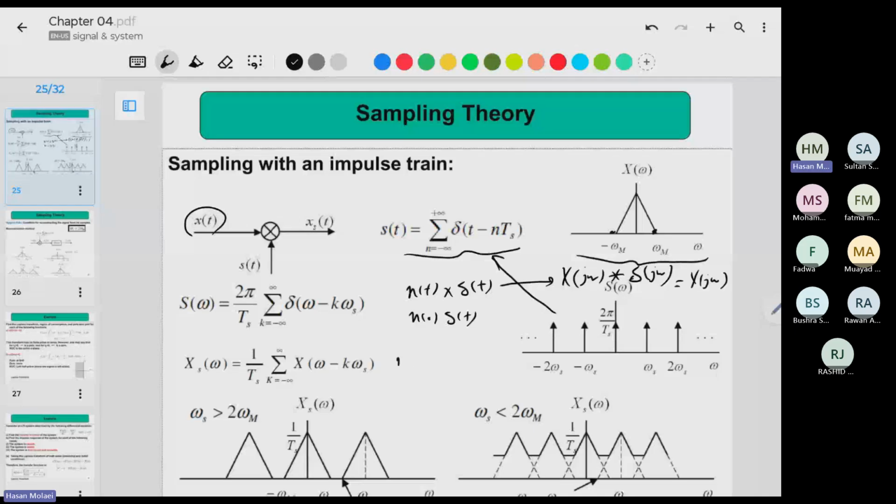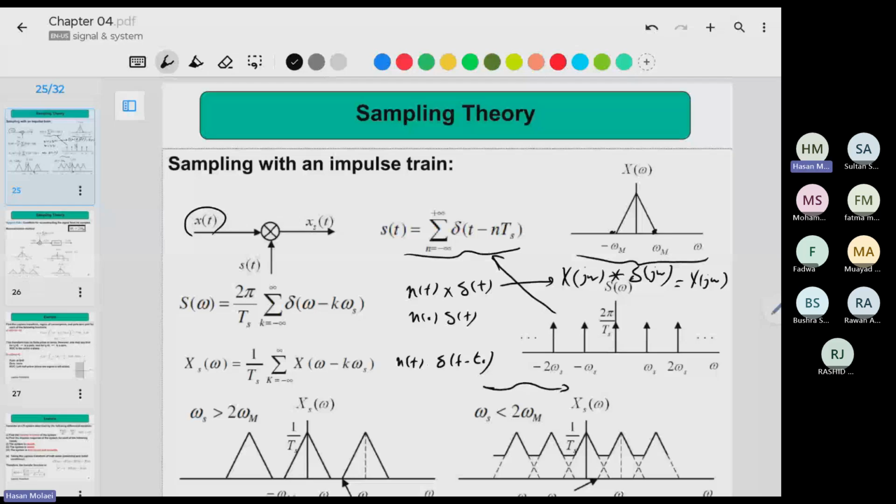Now if I have x(t) and I multiply it by delta(t minus t0), it should be the convolution of X with delta(omega minus omega0).